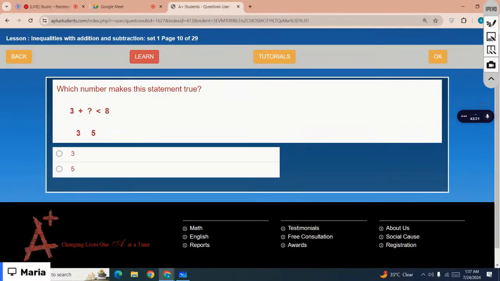Okay, 3 plus what number is less than 8? Yes, option number 1 is the correct option. 3 plus 3 makes 6 and 6 is less than 8.